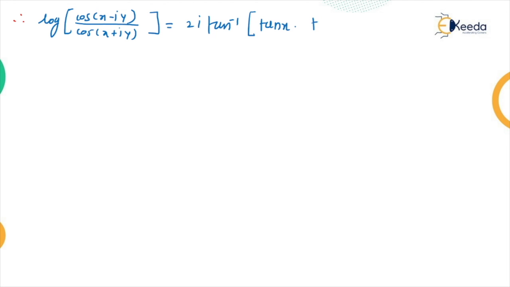This is log of cos x minus iy divided by cos x plus iy, which equals 2i tan inverse of tan x into tan hyperbolic y. And hence the proof of your question. I hope you understood and enjoyed this example. Thank you.